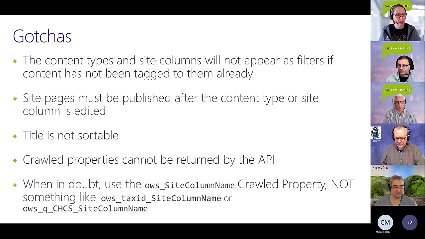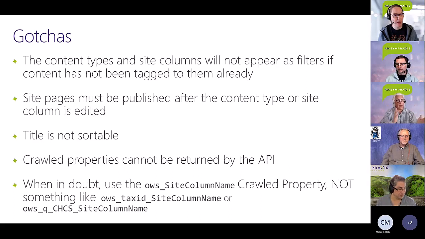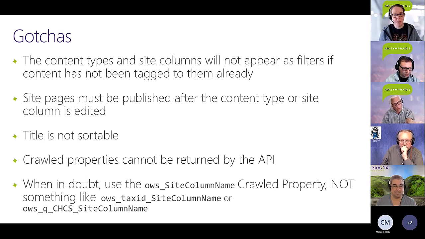And let's see. I can do that one. So when you're mapping a crawled property to a managed property, depending on the kind of column you've created, say your site column name is country, and you type in country to do the mapping. Well, you might see a bunch of variations on OWS underscore country. When in doubt, it is that OWS underscore country, not OWS underscore taxId underscore country or OWS underscore CHCS underscore country.